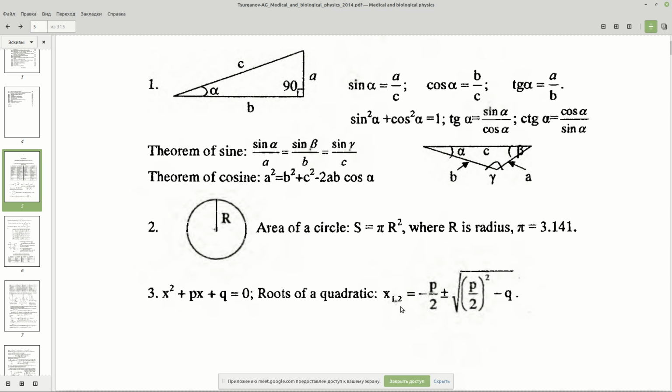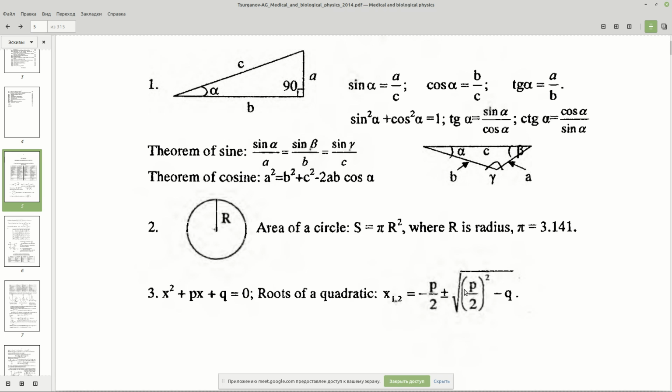Plus gives one root, and minus will give the second root: the square root of (p divided by 2) in the power of 2, minus q.